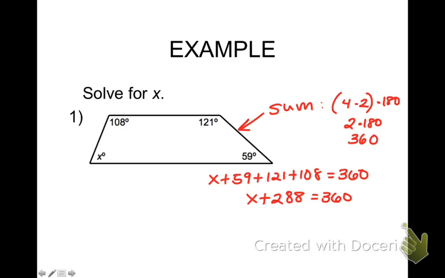Subtract that from 360 gets me x is equal to 72. Again, your interior is not always going to be 360. That's going to change each time depending on how many sides it has. So you have to do your n minus 2 times 180 whenever you see interior angles.